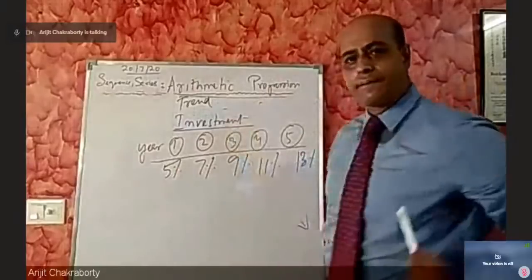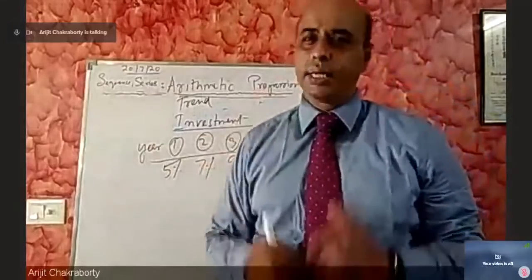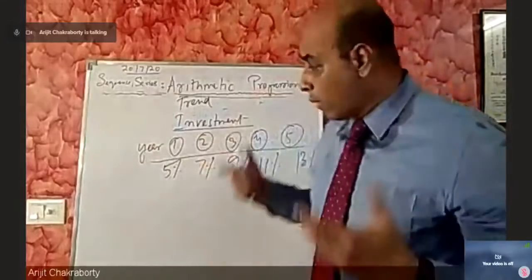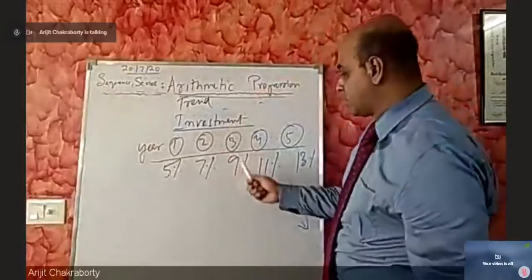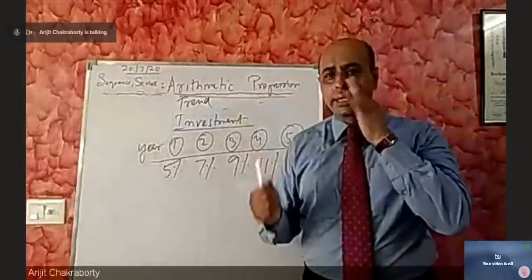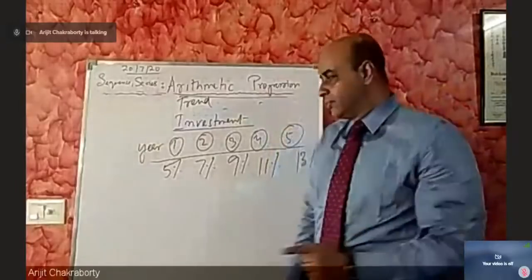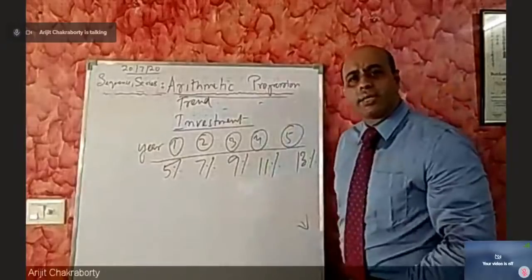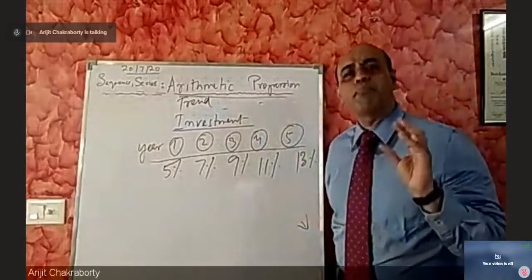5, 7, 9, 11, 13. It's an investment. Is it a sequence? Yes, it is a sequence. Why? Because it is a set of numbers 5, 7, 9, 11, 13 and it is showing an order. Order means a pattern.